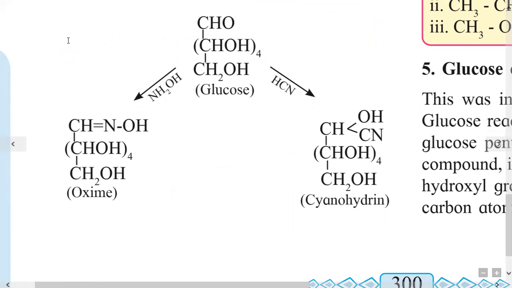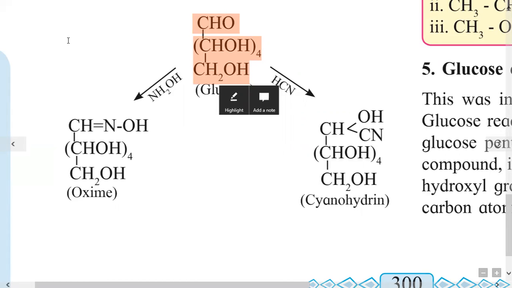This is the structure of glucose: CHO, the aldehyde functional group, then CHOH 4 times, the secondary alcoholic groups, and CH2OH, a primary alcoholic group. So there are a total of 6 carbon atoms in a straight chain.